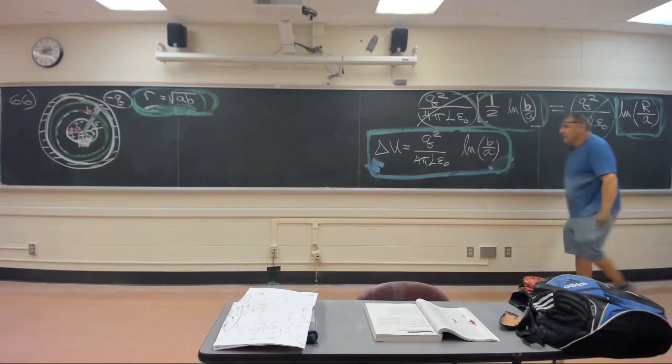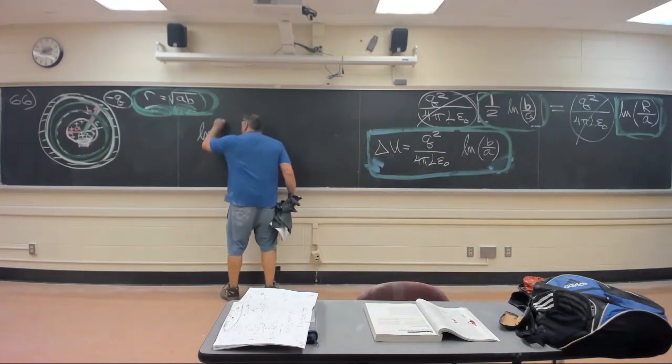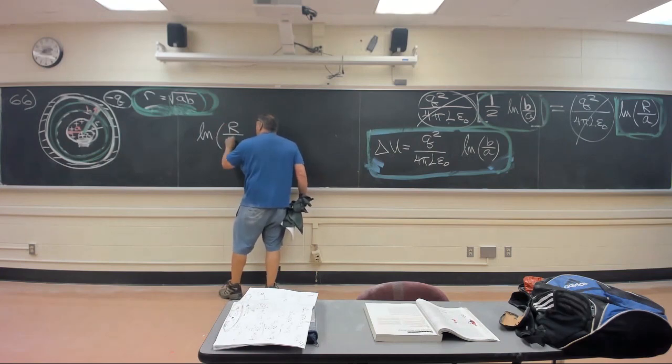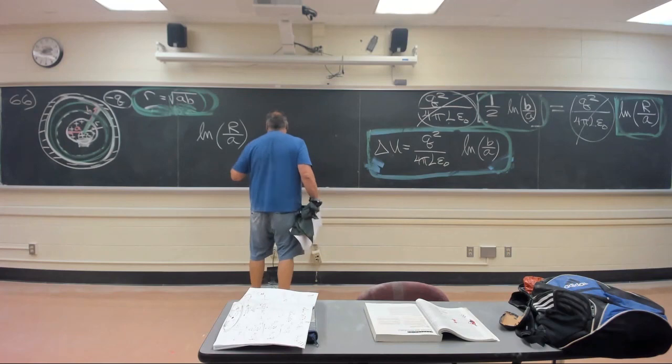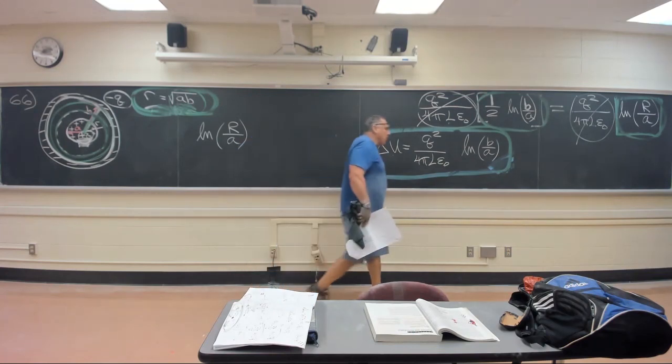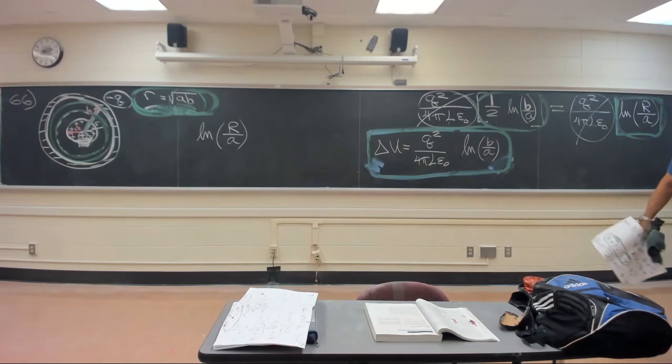What are we talking about? We're talking about ln capital R over A, because the integral, you know how the integral goes. The integral goes from A to B. Well, the integral from A to B, or the integral from A to capital R, is what?